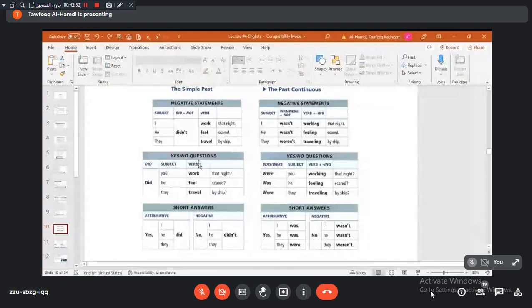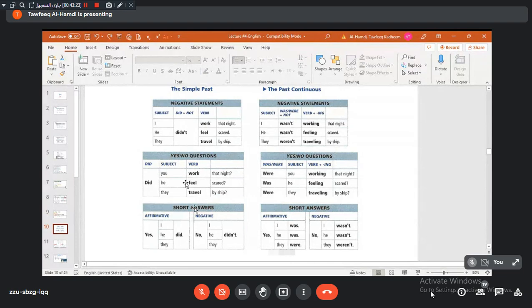In case I would like to form yes/no questions, I can use did followed by subject, and this subject is followed by verb. Did you walk that night? Did he feel scared? Did they travel by ship?